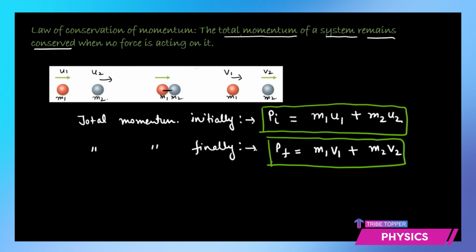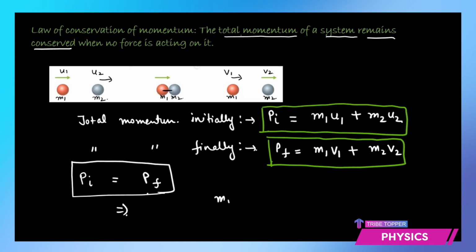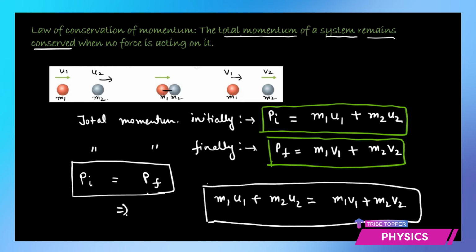So the total initial momentum Pi is equal to the total momentum of the system after collision, the total final momentum. This gives us a very useful equation: m1u1 plus m2u2 is equal to m1v1 plus m2v2. This is the law of conservation of momentum equation.